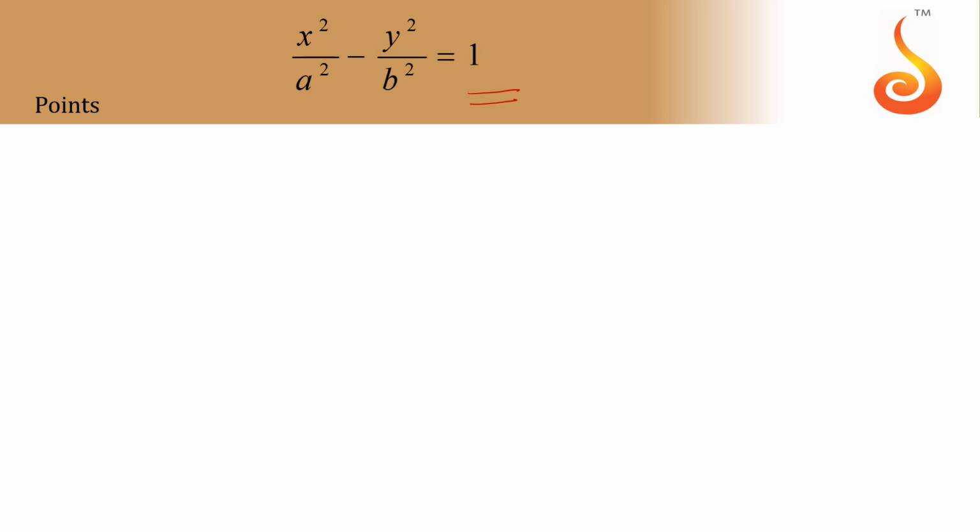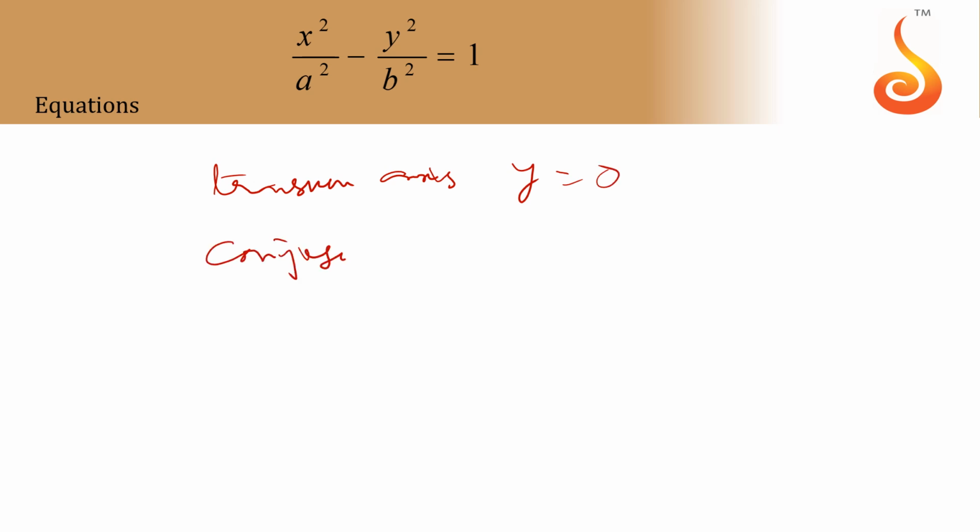For hyperbola also you will have the same formulae. Center will be the origin, vertices will be plus or minus a comma 0, foci will be plus or minus ae comma 0. The only thing is e is greater than 1. So all the formulae will be the same. Regarding equations, the terminology I told you: the transverse axis will be y equal to 0, the conjugate axis is x equal to 0.